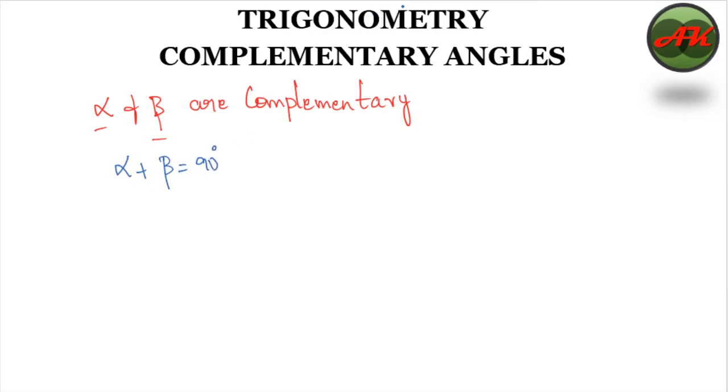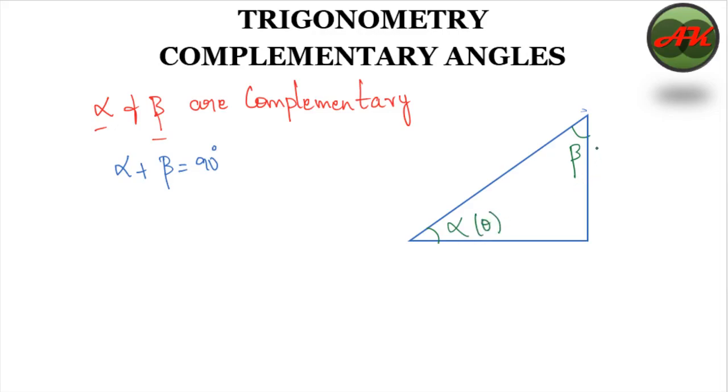Suppose let us take a right angled triangle, and let me name this side as theta, and this side as 90 minus theta.